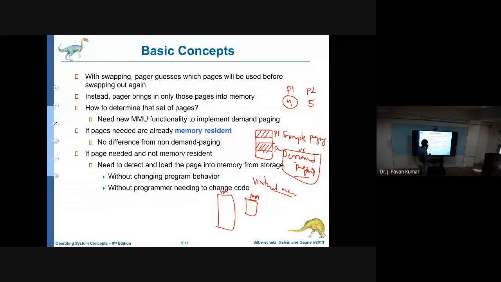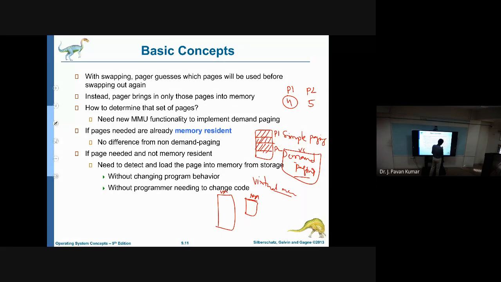Now suppose we have 4 frames. We can fill 4 pages, because each frame can contain 1 page. Suppose we have loaded 3 pages into those 4 frames. That means 3 frames are filled and 1 frame will be vacant.